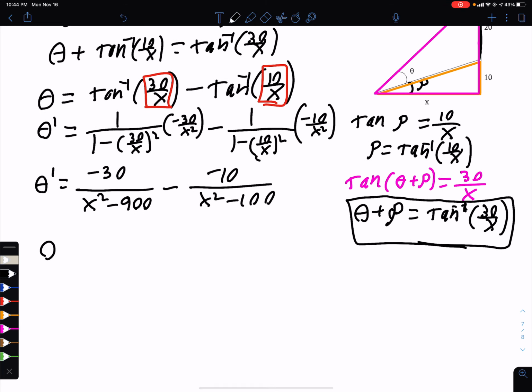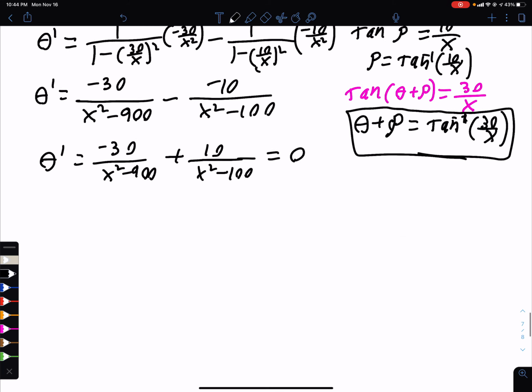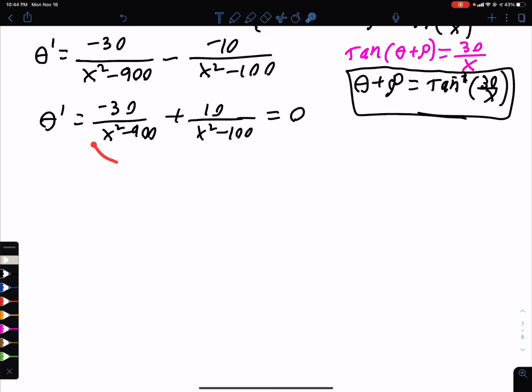And what do we have? Negative 30 over x squared minus 900 plus 10 over x squared minus 100. And I want to set that equal to 0 to find the critical points. Well, I'm going to add this to the opposite side. I'm going to get lazy here, copying and pasting.